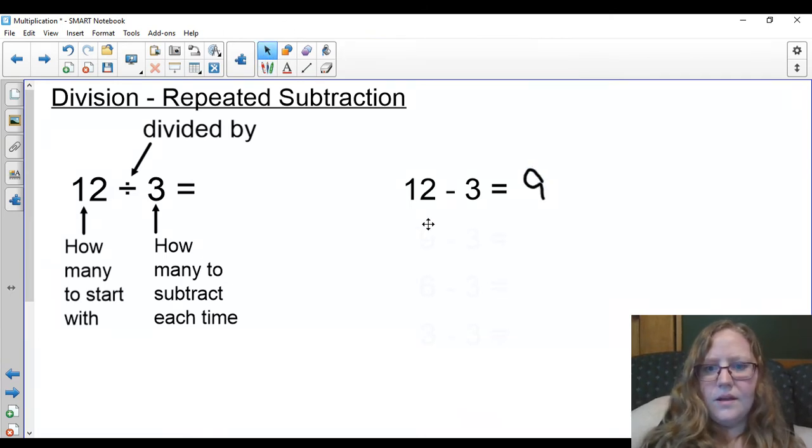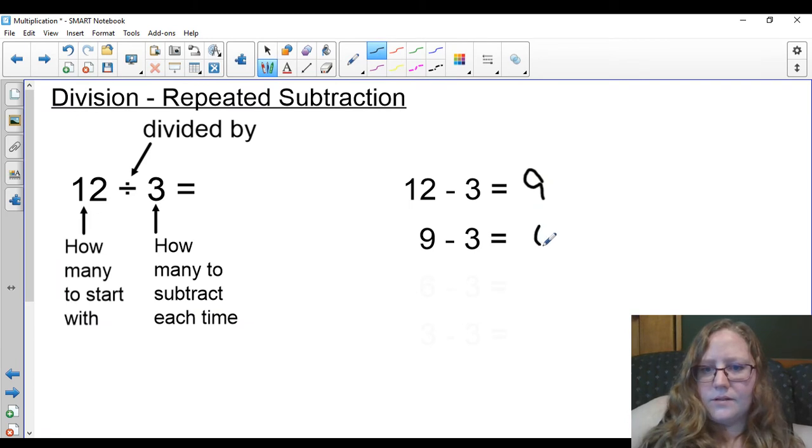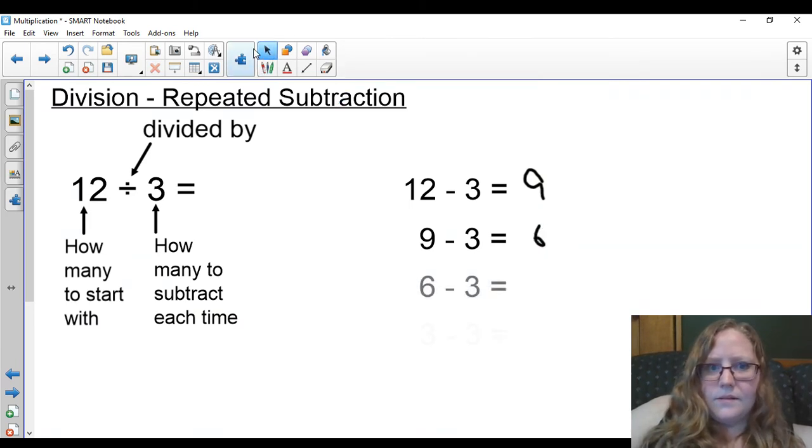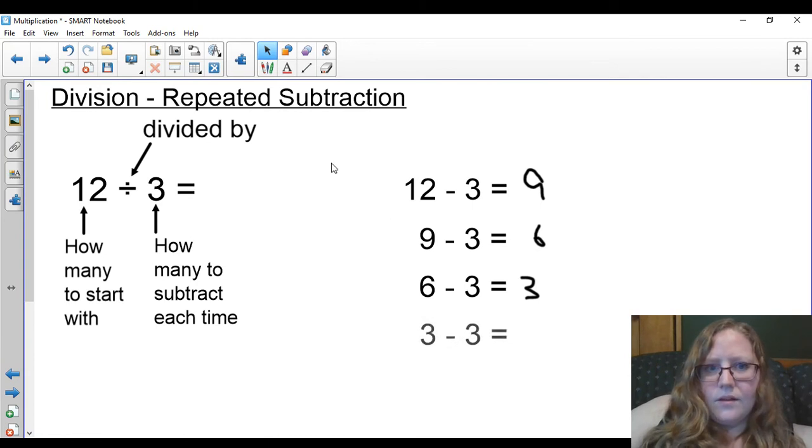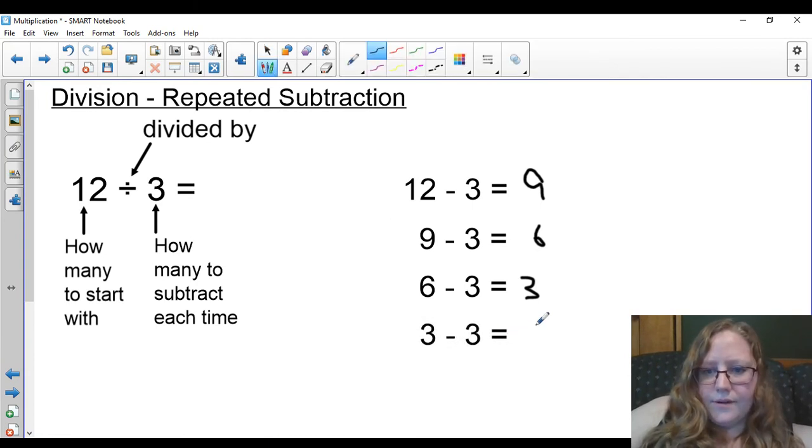Okay, so I keep going and I keep subtracting 3 each time. 9 minus 3 is 6. Okay, 6 minus 3 is 3. And I keep going until I get to 0. 3 minus 3 is 0. I'm at 0 now, so I can stop.